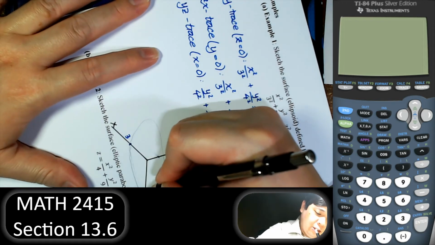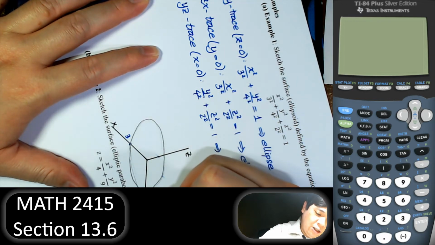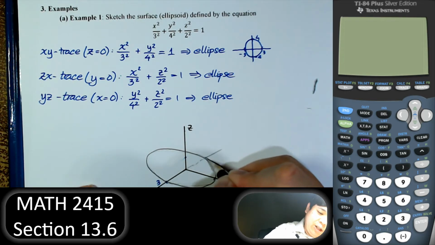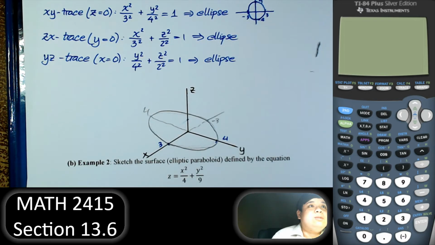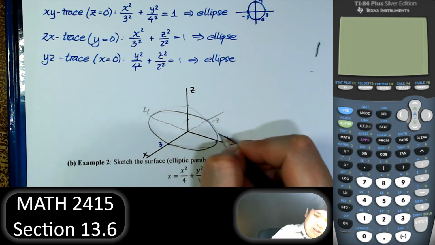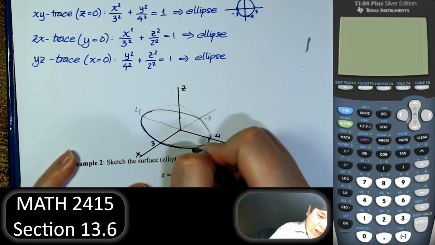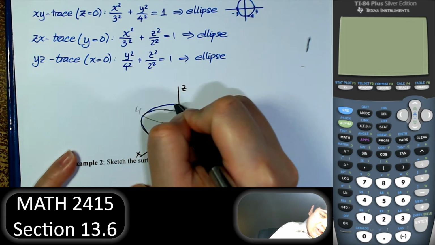So first we have an ellipse on the xy plane. So kind of cut at -3, cut there at 4. And then on the z and y, we also have an ellipse. So bottom line is we will have an ellipse on the xy plane, and an ellipse on the z.